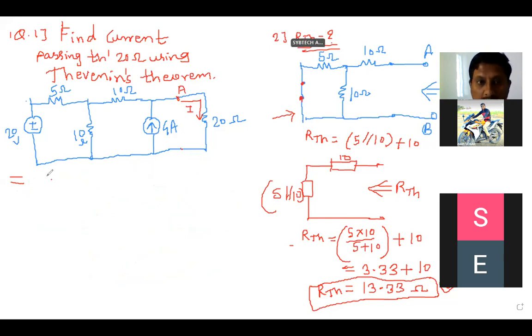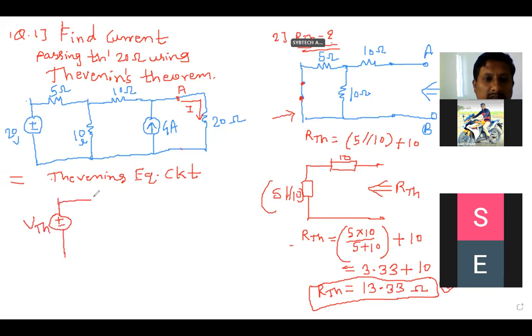That consists of voltage source VTH in series with RTH between A and B terminal. This is A terminal, this is B terminal. Now this is called Thevenin's equivalent circuit. Now we have to connect between A and B the load resistor as it is.